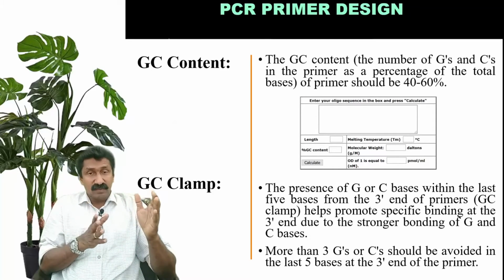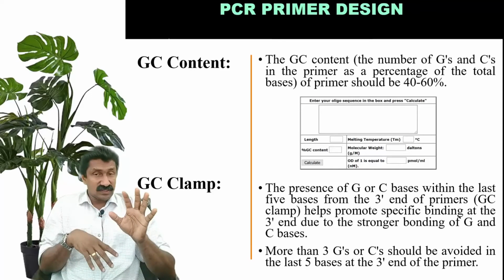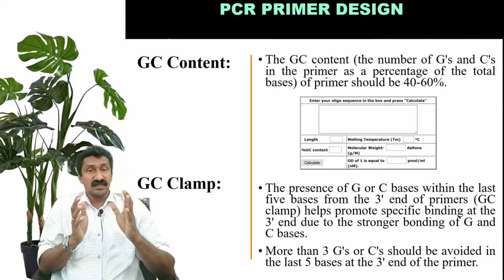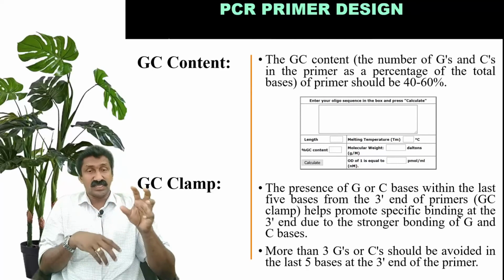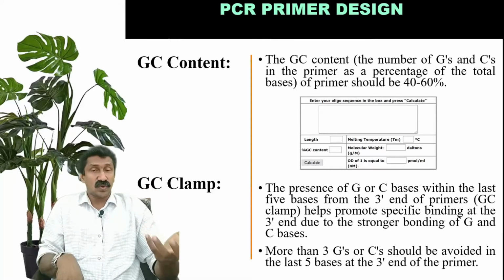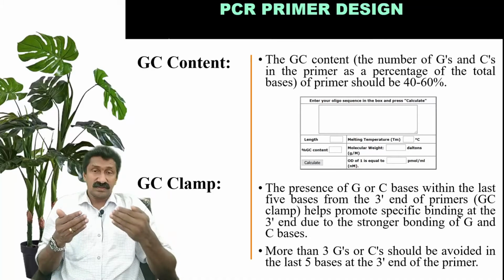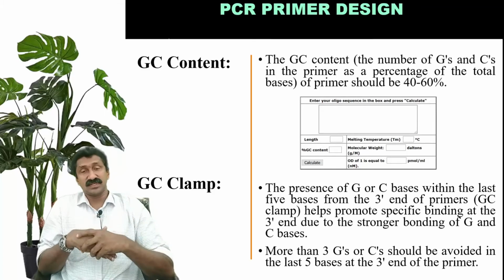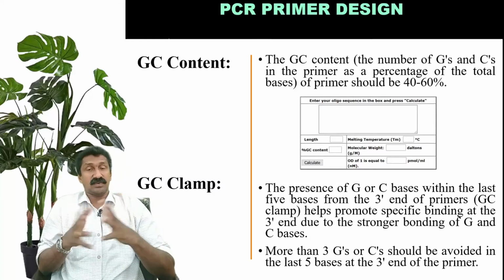So if you consider the last 5 bases near the 3' end of the primers, the content of GC in those last 5 bases determines how strongly it will bind. Usually about 3 G's or C's in the last 5 bases will make a better primer.